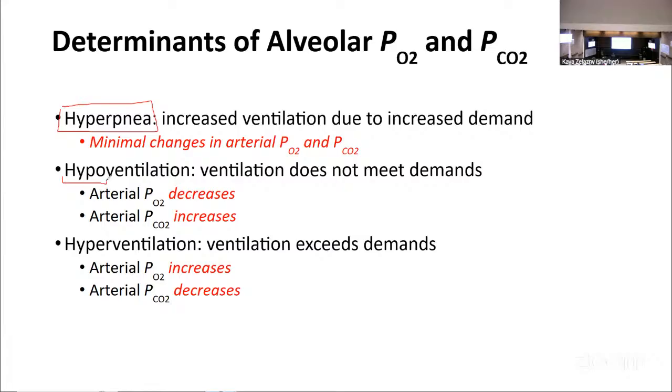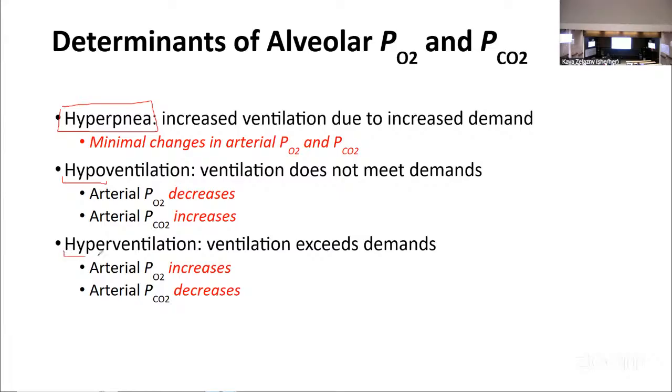Because you're not breathing often enough. You're not getting enough air per minute into those alveoli, right? So we're not fully replacing that used oxygen. So if you're hypoventilating, you're going to see lower partial pressures of oxygen in the arteries. And you're going to see higher partial pressures of carbon dioxide in those same arteries because you weren't breathing enough to get rid of all that carbon dioxide.